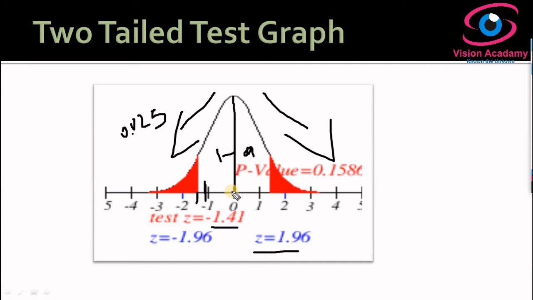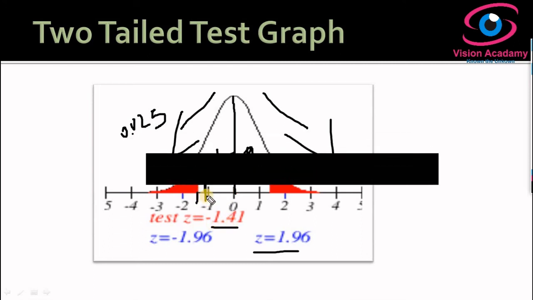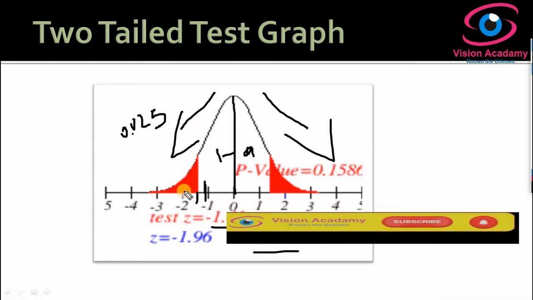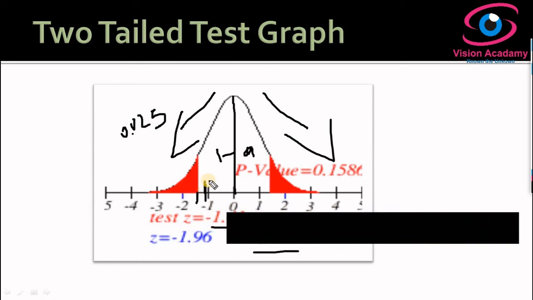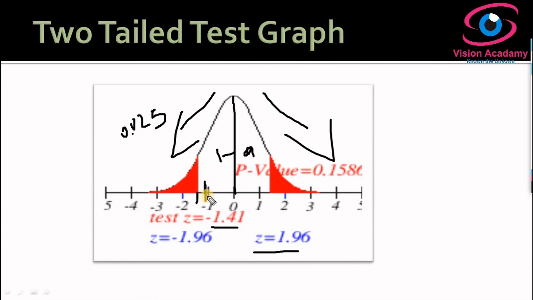Observe carefully: our tested value, minus 1.41, falls in the non-rejection region, between minus 1.96 and 1.96. It is not falling in the rejection region. Since our tested value falls in the non-rejection region, we are going to retain the null hypothesis. We are not going to reject it.